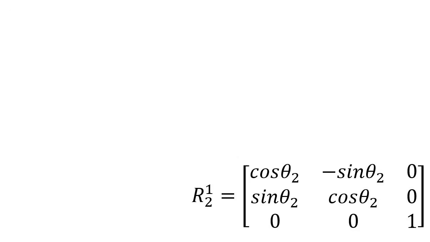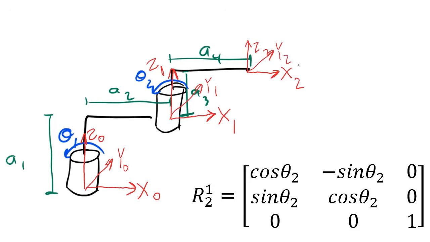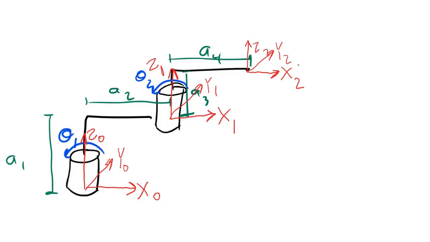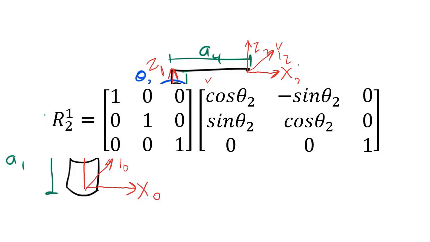Now I need to left multiply this matrix by another rotation matrix that tells me how frame 2 is rotated relative to frame 1 before the joint variable moves at all. And once again, this rotation matrix is going to be the identity matrix because there is no rotation between these two frames before the joint variable starts to move.